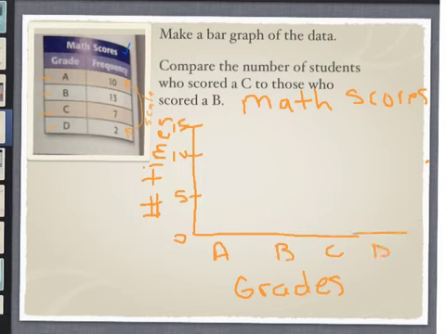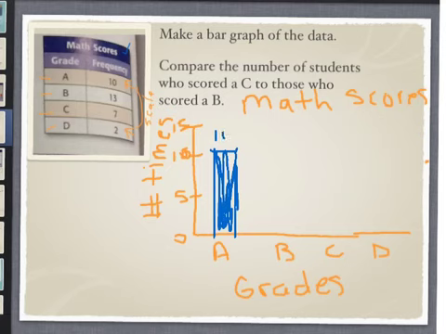Extend that out just a little. So I have 10 A's, so I'm going to come up here to the 10, and I'm going to show how many A's I have. I'm going to draw a bar, come down, and fill in my bar. And I'm going to write here that I got 10 A's. B's I've got 13, so that's between 10 and 15.